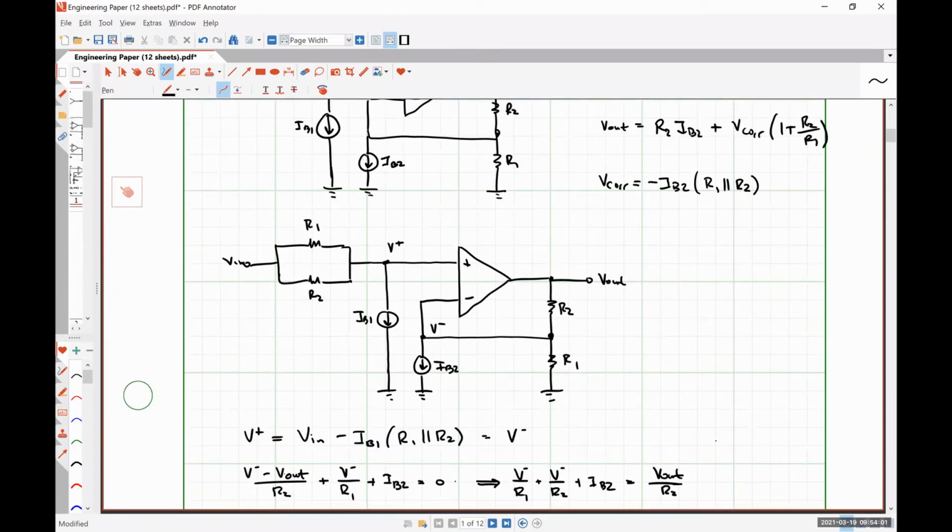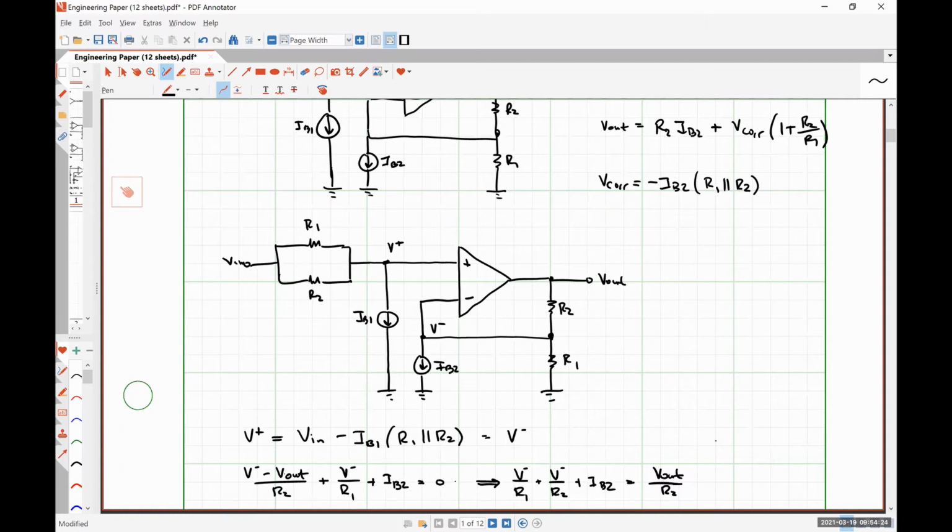All I've done from this step to the next is factor out V minus here. And so I have a factor of 1 over R1 plus 1 over R2, which looks like the reciprocal of those resistances in parallel, right? Because 1 over R1 plus 1 over R2 would be the reciprocal of the equivalent resistance.